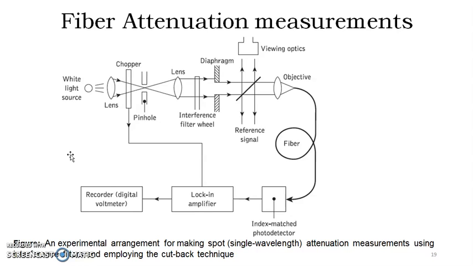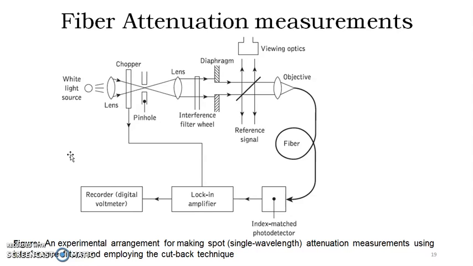So we can directly use an interference filter wheel and a diaphragm there. These interference filters are located on a wheel to allow measurement at a selection of different wavelengths.